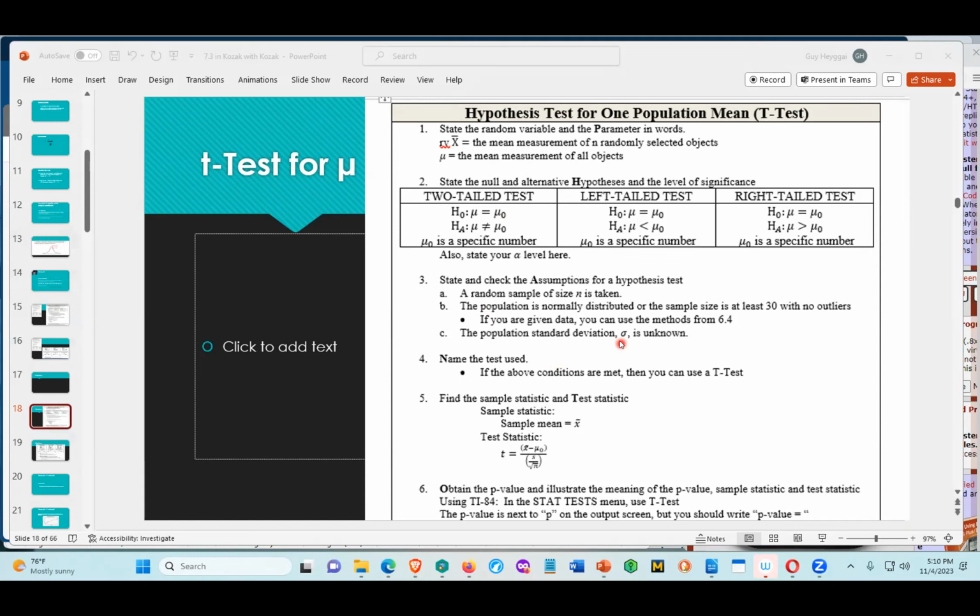I'm like, makes sense to me. Now he was using a different text, so what he had to do was select out the problems in his course that used a Z test when testing for mu. But in Kozak, we never have that anyway. We always use a t-test.